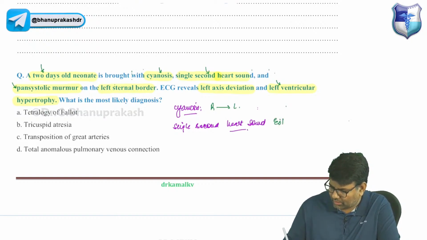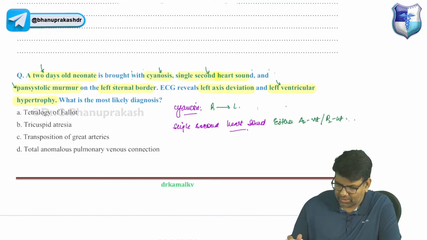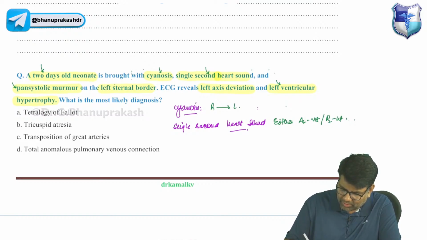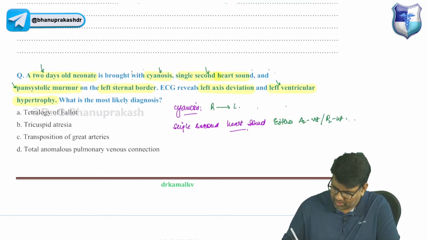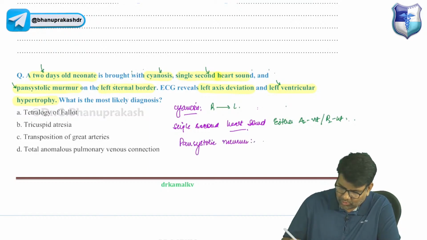So either A2 is absent or P2 is absent. So single second heart sound. Then third is pansystolic murmur, throughout the systole.